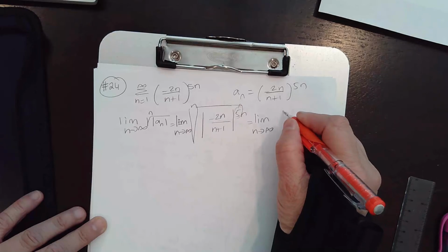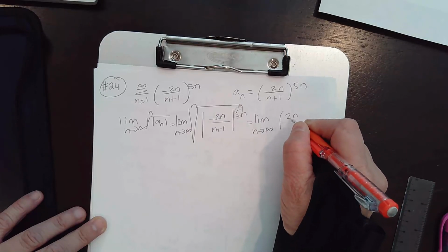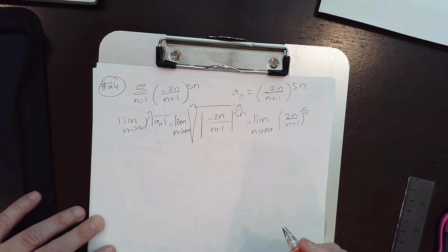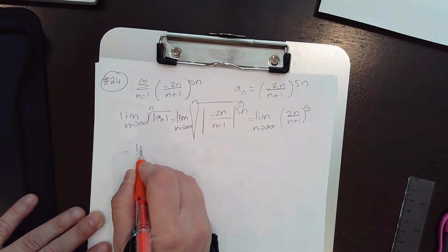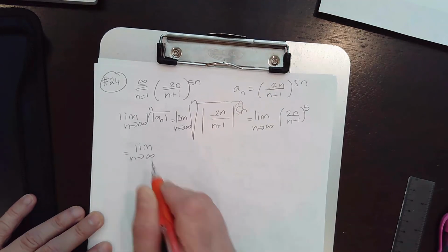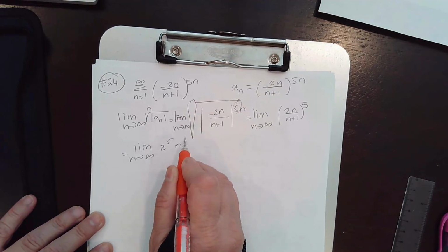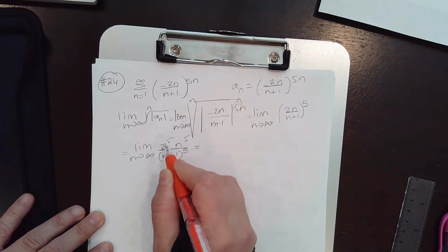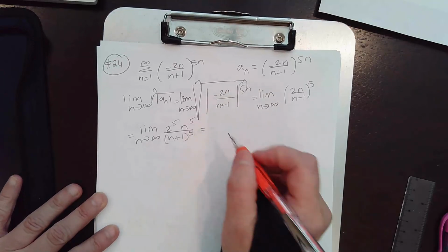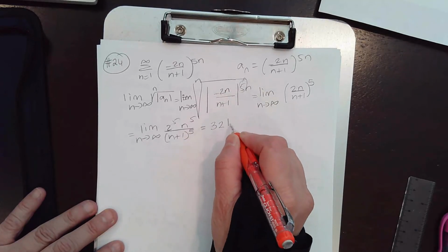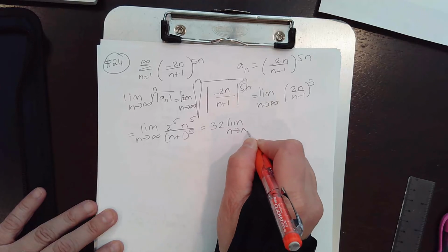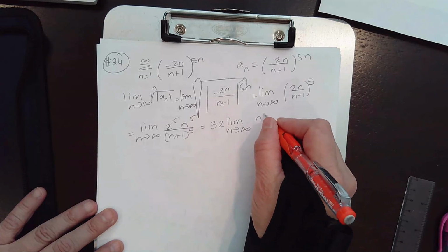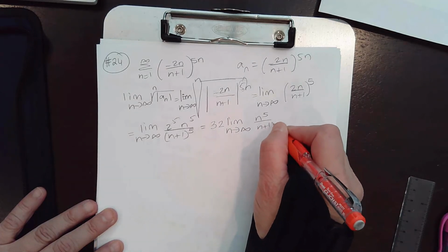So you have, at this point, 2n over n plus 1 to the 5th power, which is the same as the limit as n approaches infinity of 2 to the 5th n to the 5th over n plus 1 to the 5th power. 2 to the 5th is 32. You can remove it from the limit. So you're left with n to the 5th over n plus 1 to the 5th power.